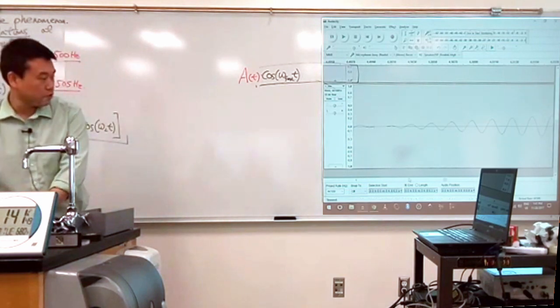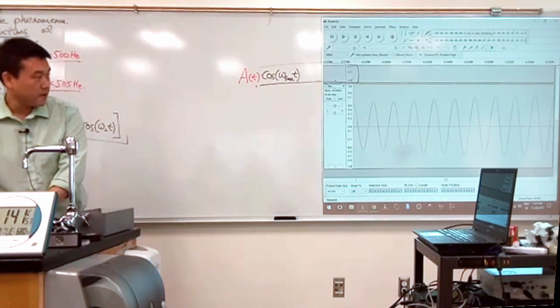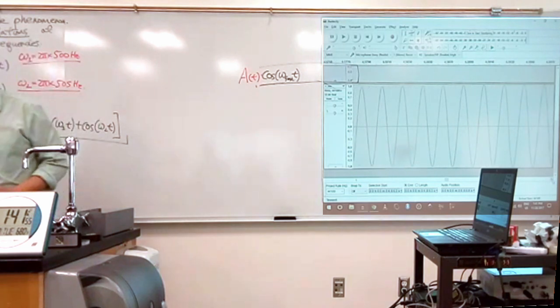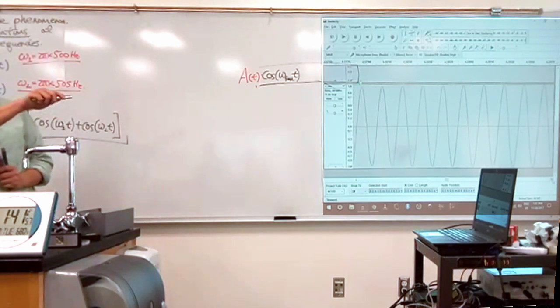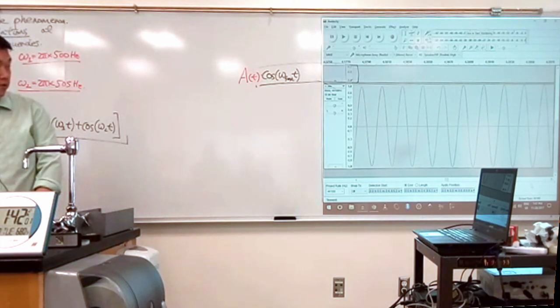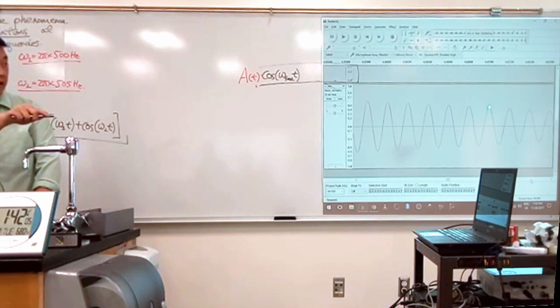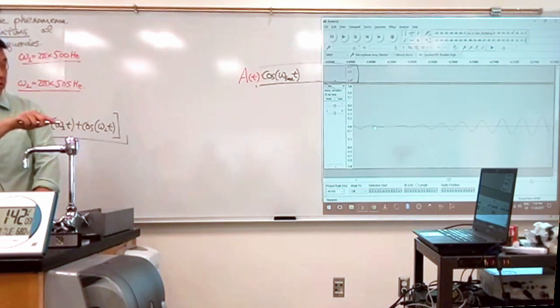Or to use the form I was writing down, you would imagine A of t starting from this point right here. So this is cosine of 0. And then as time goes, this amplitude decreases like cosine would, eventually crosses 0, and then goes negative.